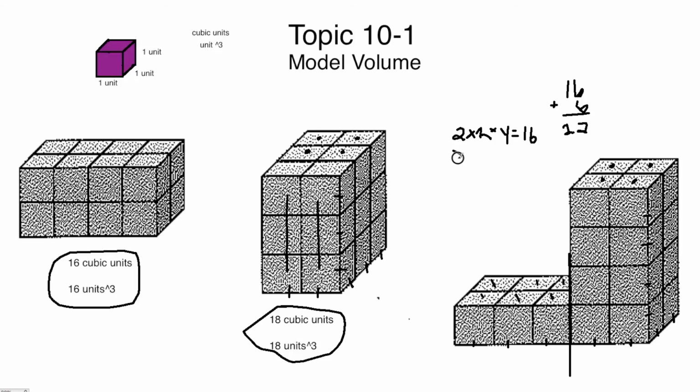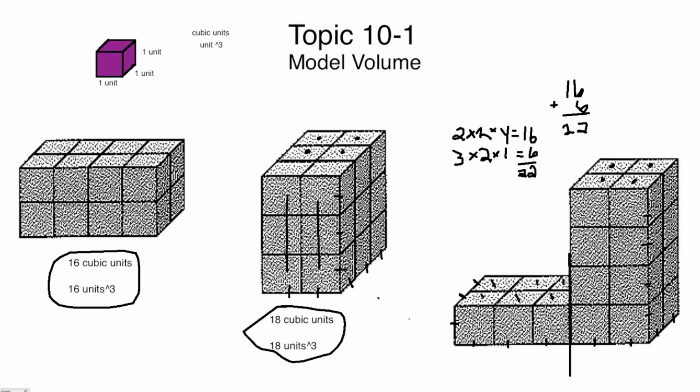So we have 3 by 2 by, how tall is it? 1. So 3 times 2 is 6. 6 times 1 is 6. And now I add it, and I still get 22.